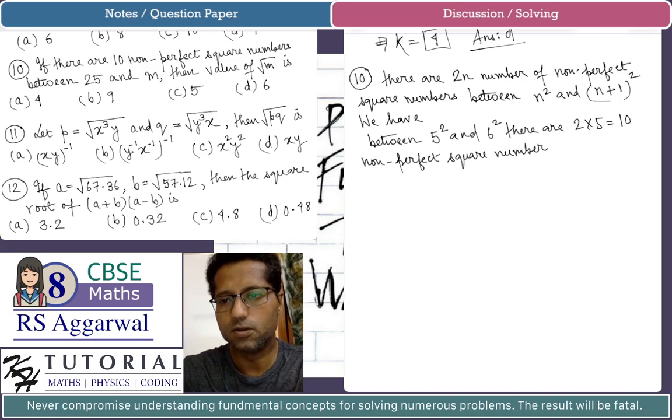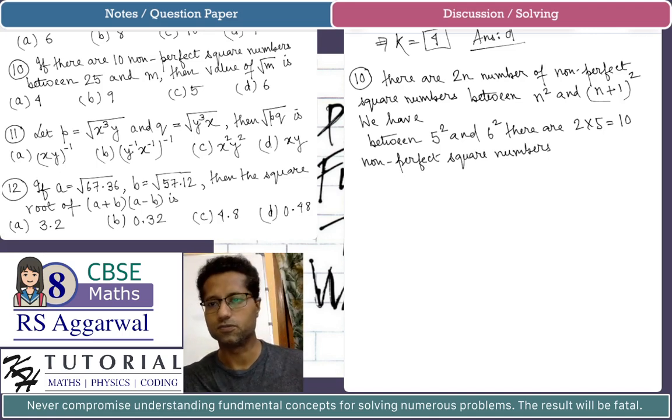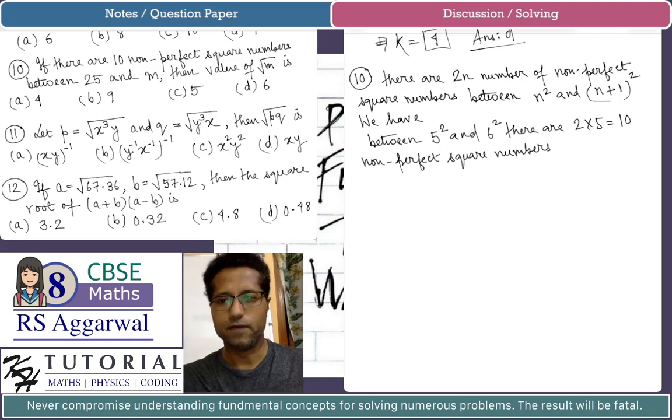That is, numbers that are not a perfect square. There are 2 into 5, that is 10 non-perfect square numbers, between 5 square and 6 square.